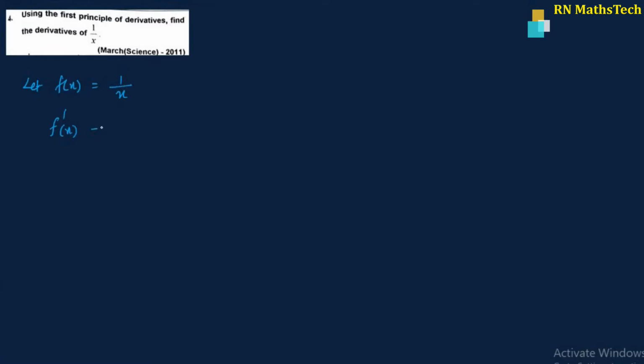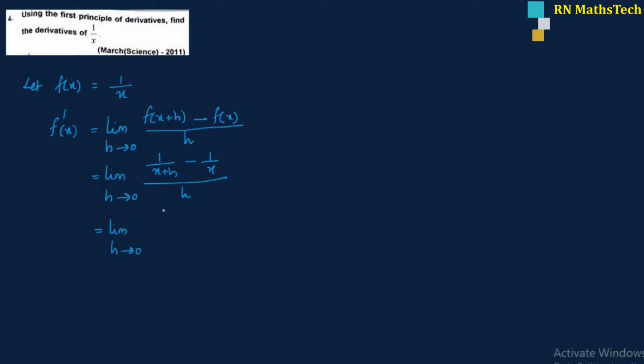F dash of x equals limit h tends to 0 of f of x plus h minus f of x divided by h, that is equal to limit h tends to 0 of 1 by x plus h minus 1 by x divided by h, that is equal to limit h tends to 0 of x minus x plus h divided by x into x plus h, divided by h, equal to limit h tends to 0 of x minus h by x into x plus h into 1 by h.